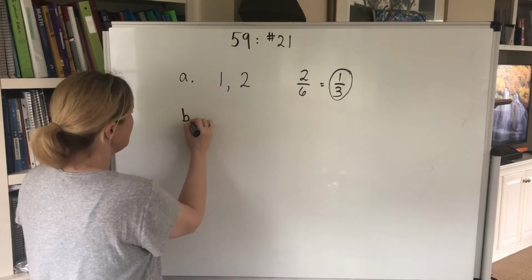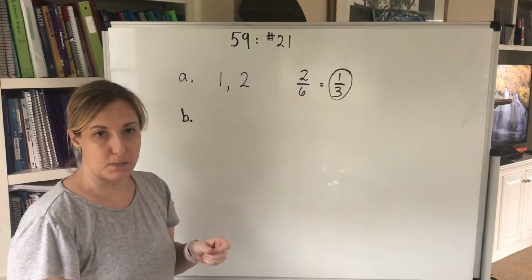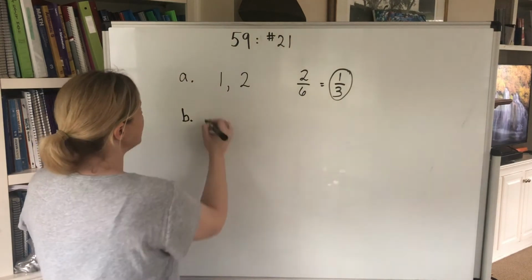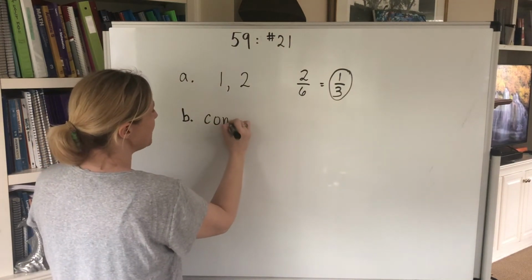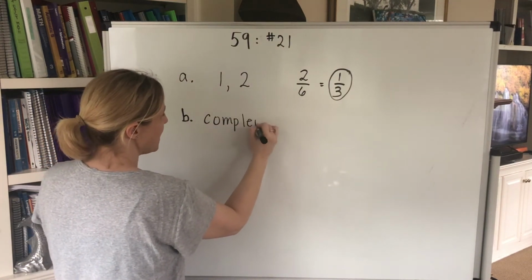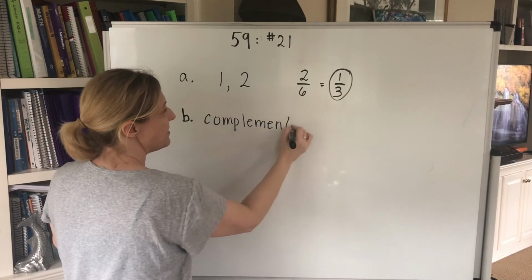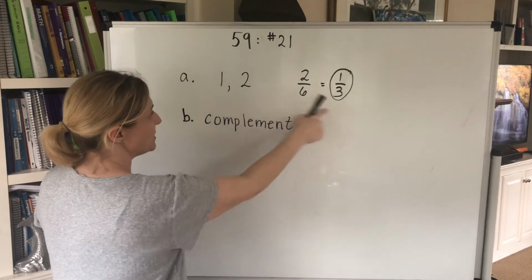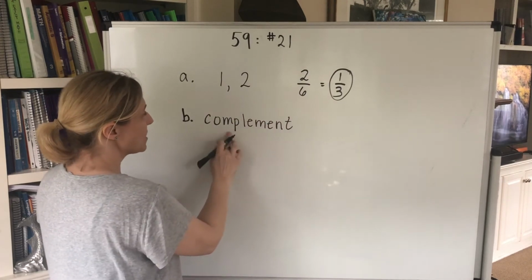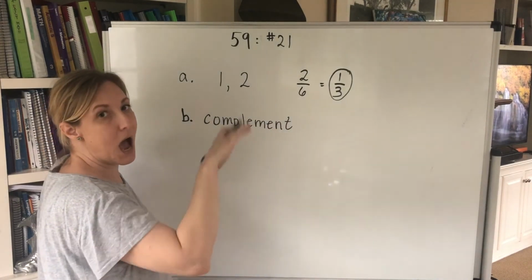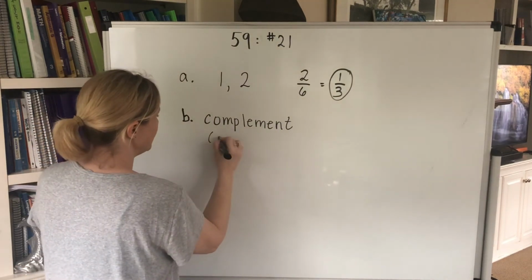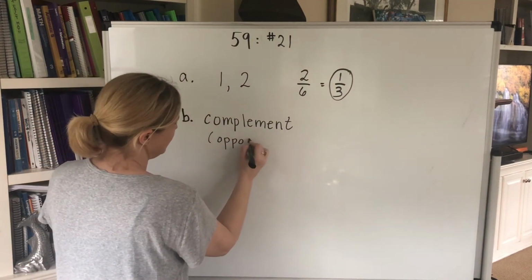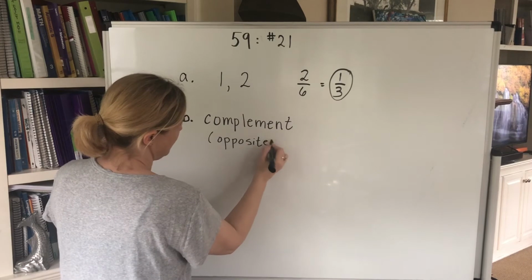B is where the new word comes in. B says, what is the complement of this event, or the answer to A? The word complement means the opposite of an event.